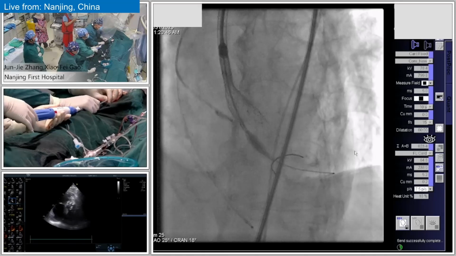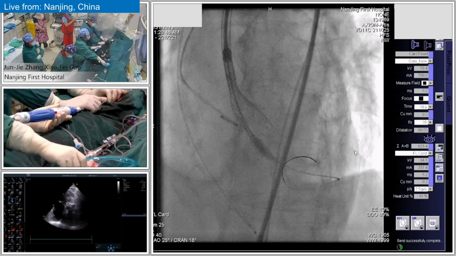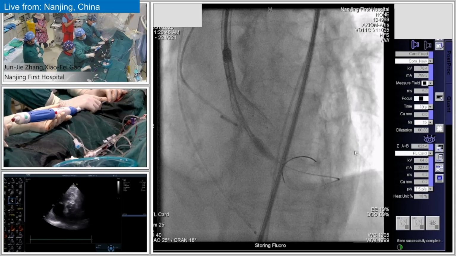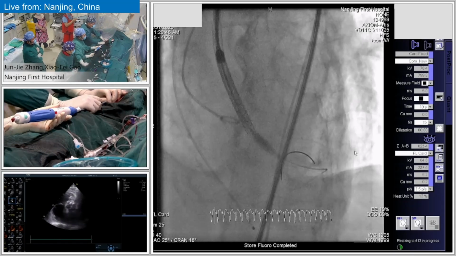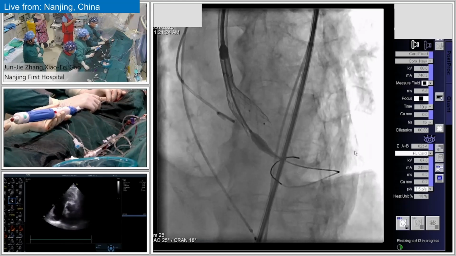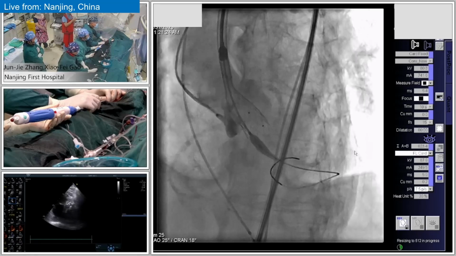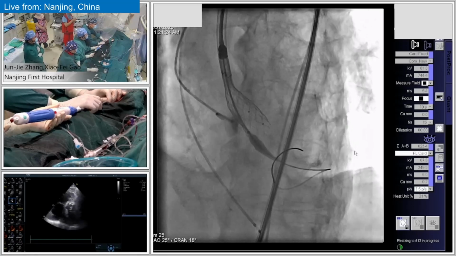Okay, to the recapture position? Yes. Okay, stop pacing. Then we check the position to see if this is a good position. I think it's good. What do you see?